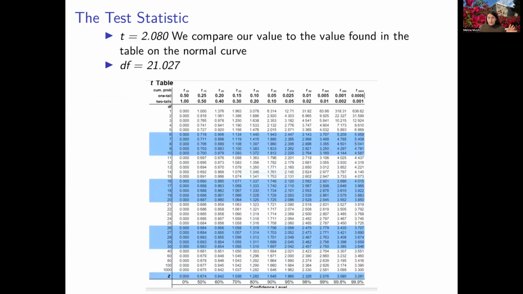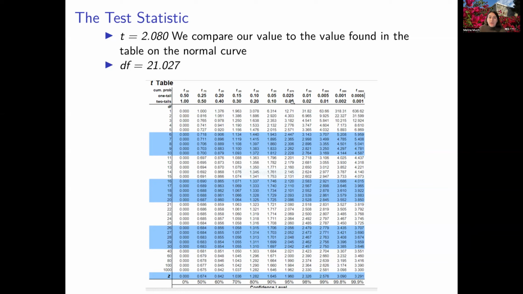So, old school stuff: we would find our degrees of freedom, 21, and then pick a statistical significance threshold that we wanted. If you look at the very top few rows, it says the cumulative probability, one tail or two tails. We really want to be using two tails because we have a non-directional hypothesis. And then the conventional threshold that we use is 0.05.